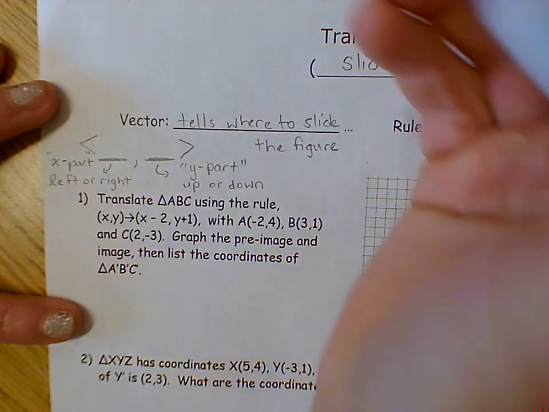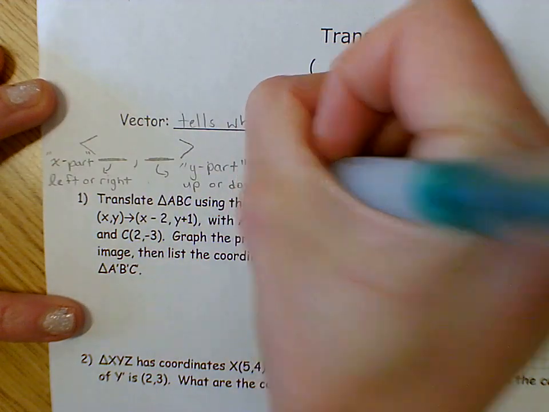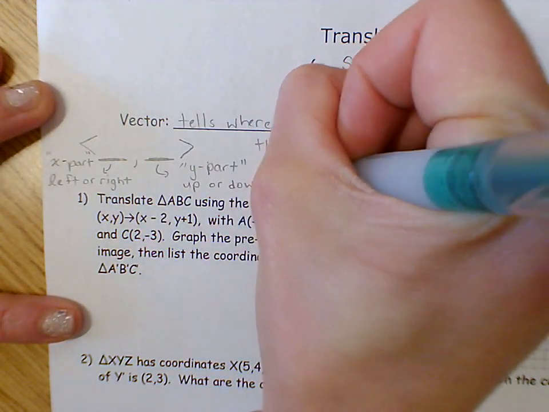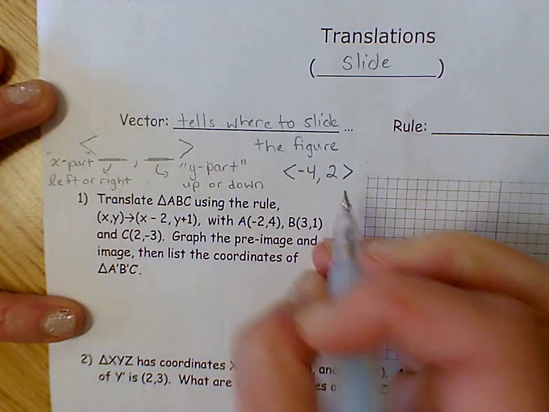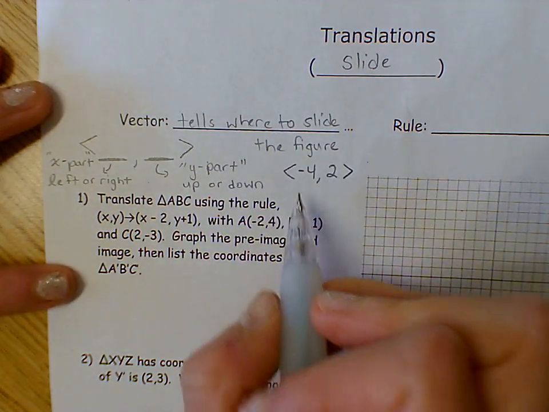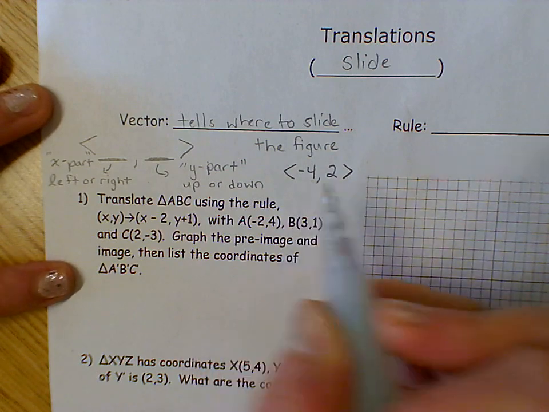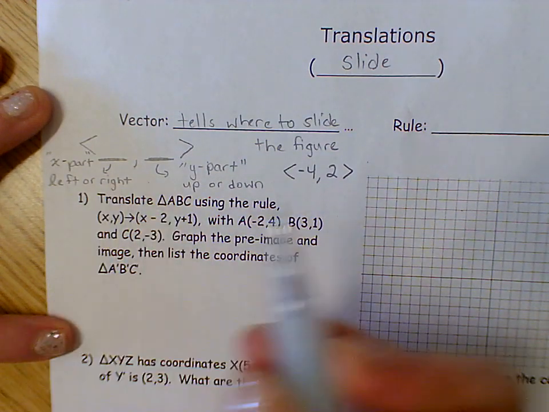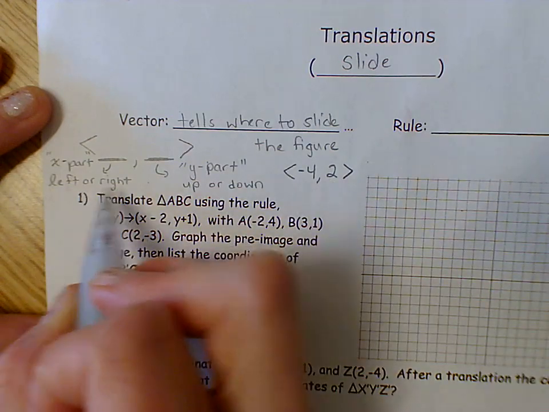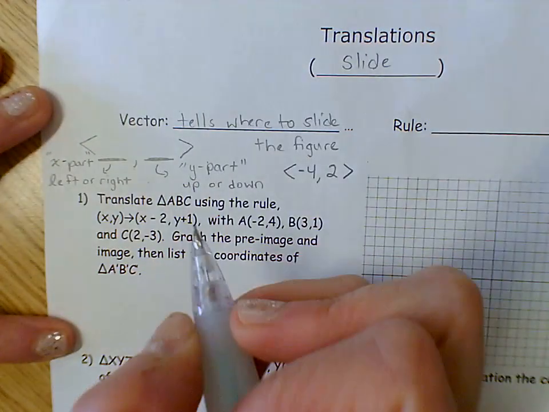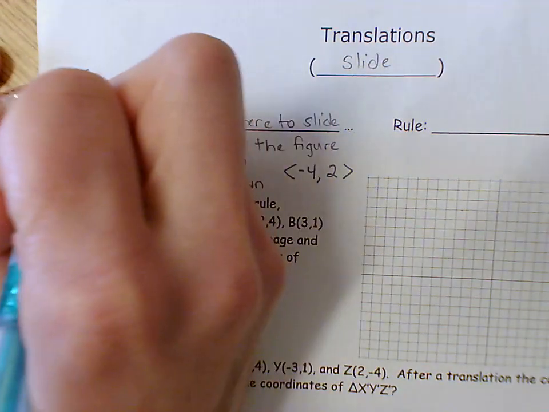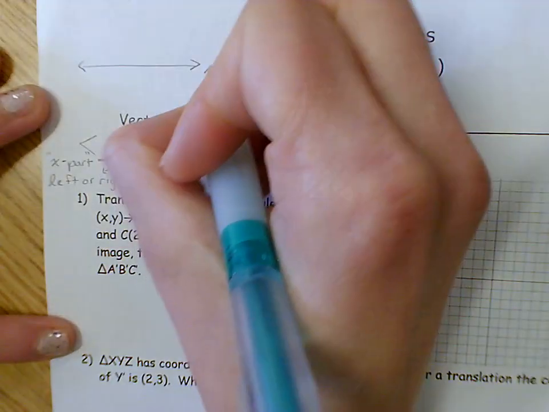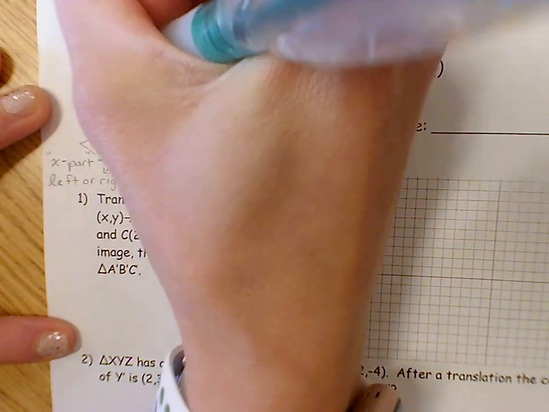So if you were looking at a vector, okay, I told you it's going to have the little sideways carrots, and then let's say that the vector has a -4 and then a 2. Remember, that first number is going to tell me how far left or right to slide it. So how do we know which way that is? Think about the x-axis. The x-axis goes sideways, right? So if that's my x-axis, then the y-axis would look like that.